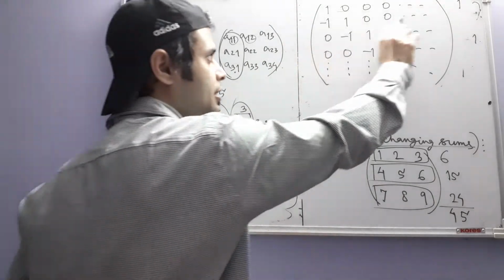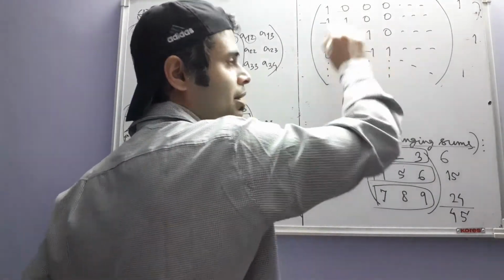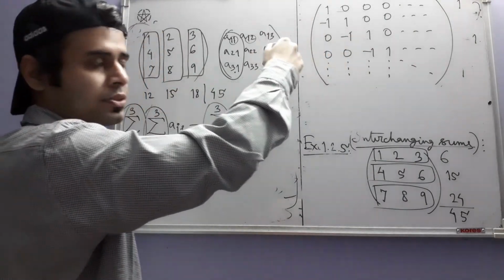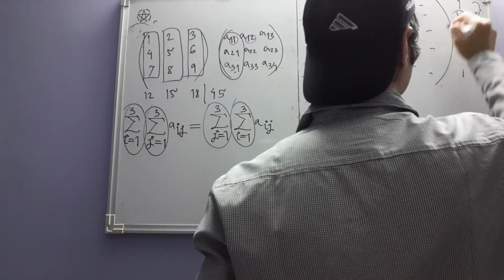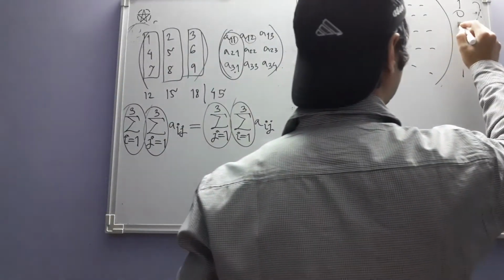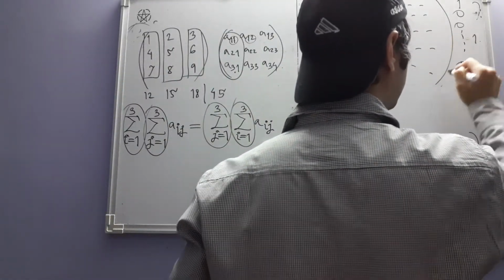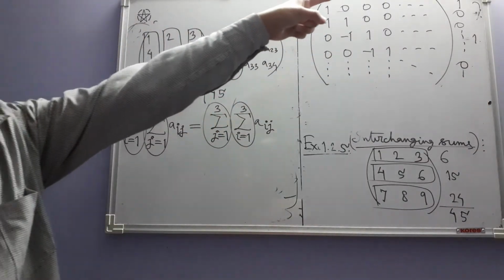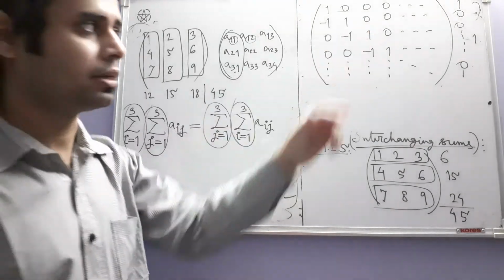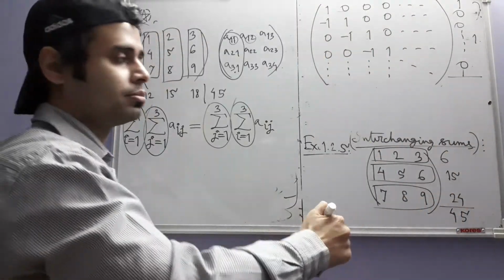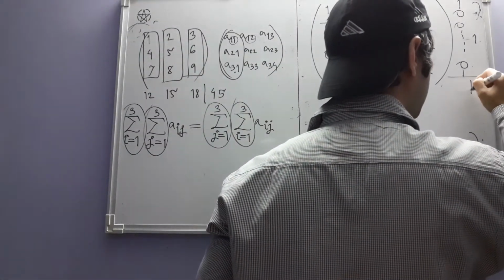However, for the second row, you see that the 0 part is of course 0, but this 1 and -1 cancel each other and we are left with 0. And the same is the case with all the other rows. We continue to get 0 row sums. Only one row sum is non-zero, that of the first one, which is 1. So if we add all the row sums, the value is 1.